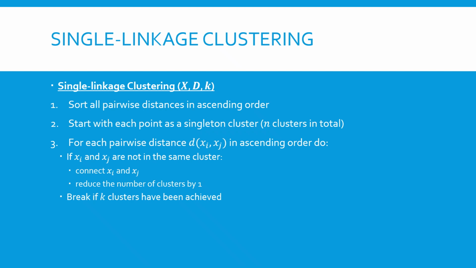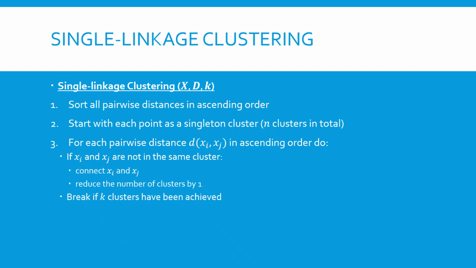Here is the pseudocode for the single-linkage clustering algorithm. The algorithm takes three inputs: X, the set of objects, D, the pairwise distances, and K, the target number of clusters. The idea is simple.